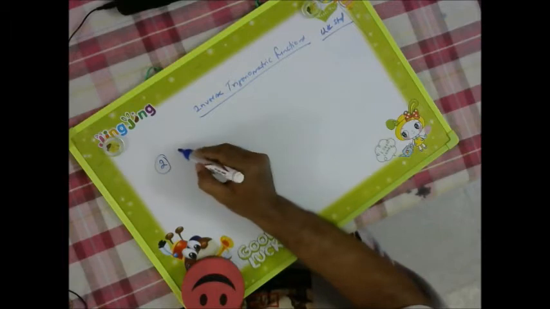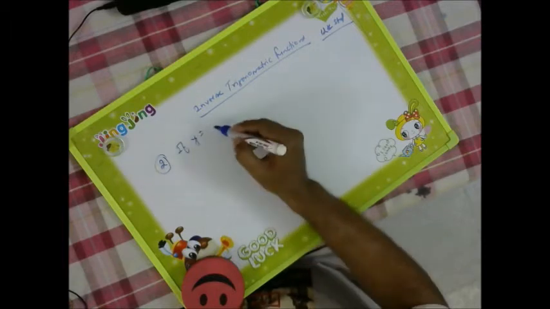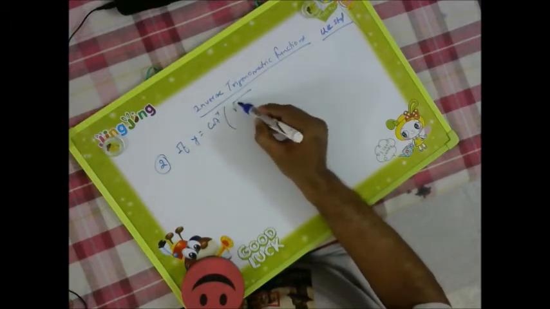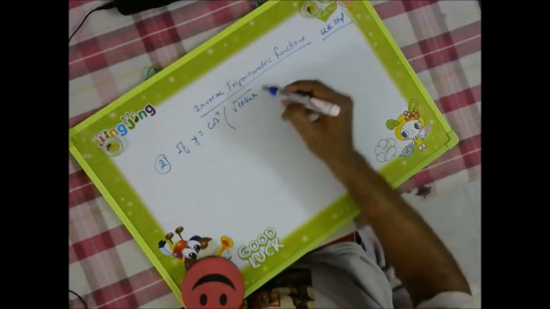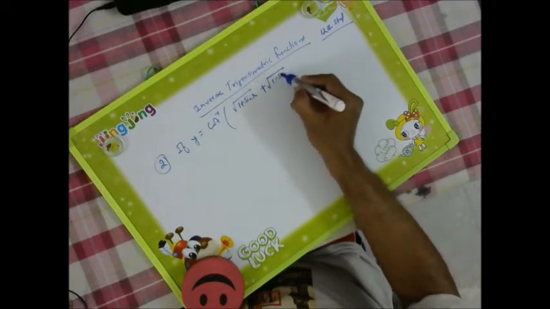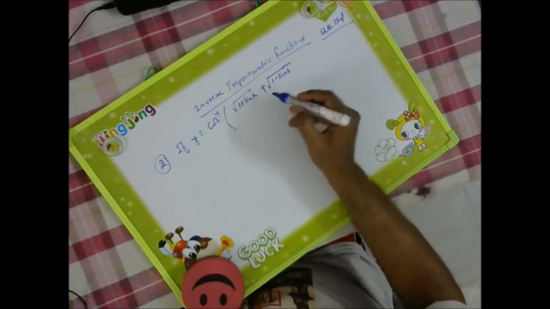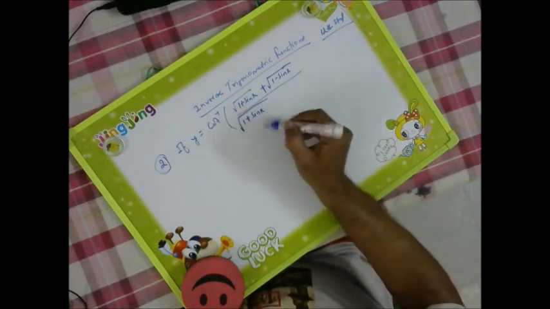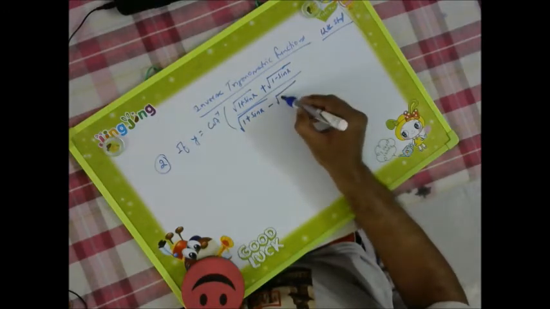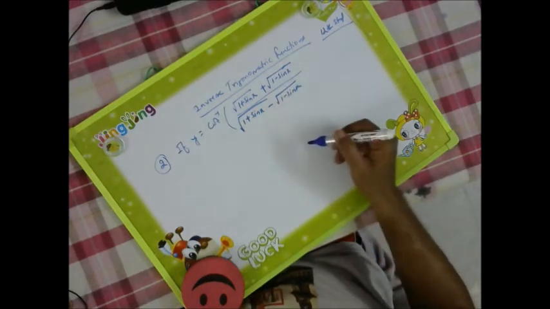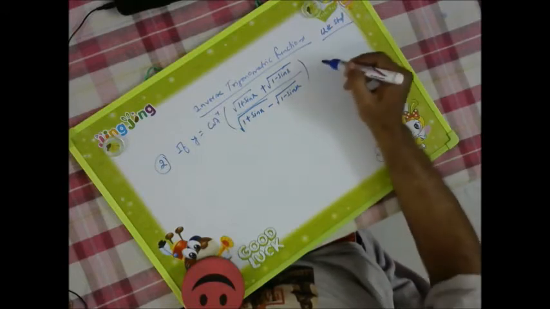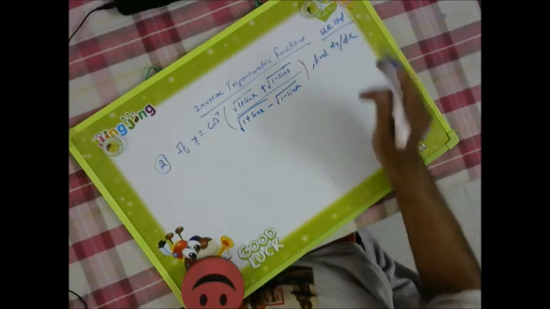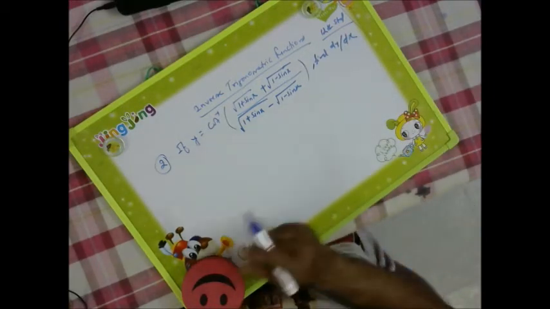Question number 2 is, if y is equal to cot inverse of (root of 1 plus sin x plus root of 1 minus sin x) divided by (root of 1 plus sin x minus root of 1 minus sin x), right? And then find dy by dx.